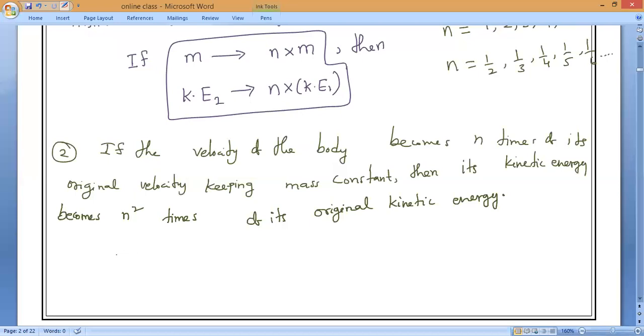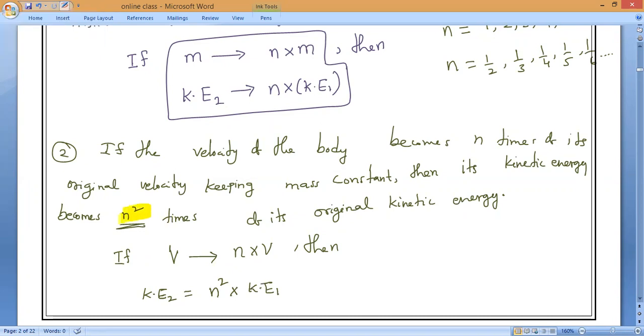Do you understand, everybody? If V turns into n times V, then how much will the kinetic energy become? Check it here. N square times KE1. Do you understand?